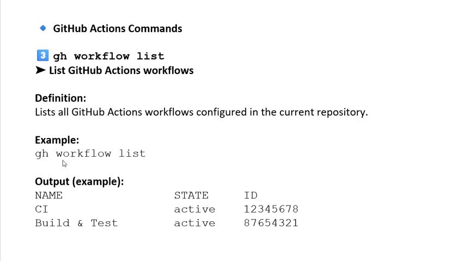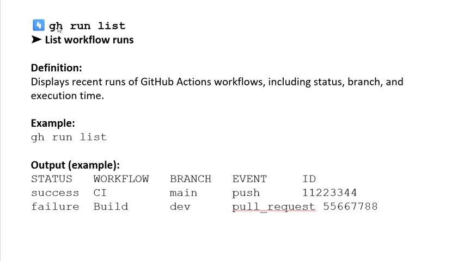The example is gh workflow list, and the output has name, state, and ID. The name is CI, the state is active, and the ID is 12345678. The second name is Build and Test, the state is active, and the ID is 87654321.